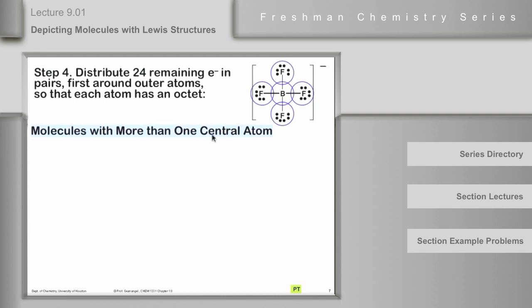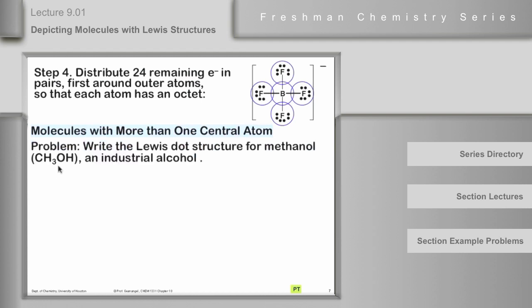Well, I'll jump the gun and just tell you that if there's more than one center atom, we treat each one as a center atom. And we add 1 bond between them and see what happens. So the molecule I want to talk to you about is methyl alcohol, sometimes called methanol, sometimes called wood alcohol, sometimes called an industrial alcohol.